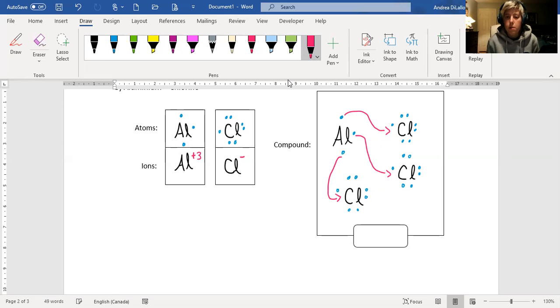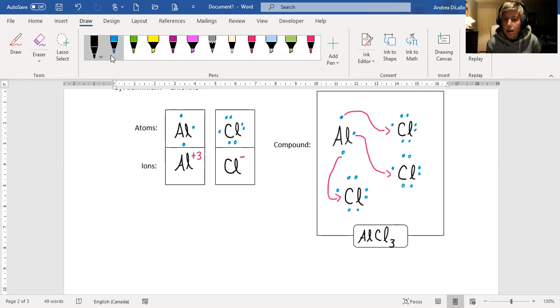We need to remember that in our compound, I have 1 aluminum and 3 chlorines. And this is where our subscript comes into play. Why do I have some compounds that just have 1 element, and why do I have some compounds that have 3?